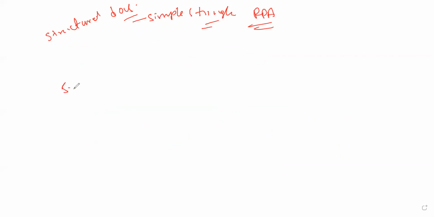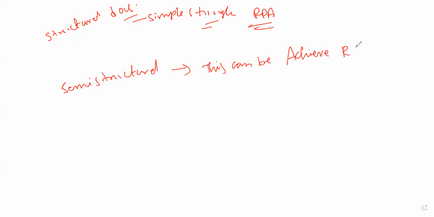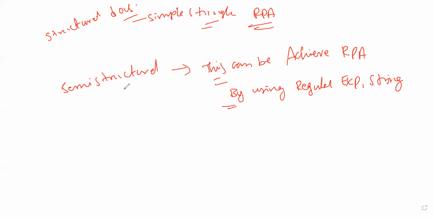Semi-structured can be achieved with RPA by using regular expressions and string manipulations. We can use these two to achieve this. But the challenge is when we are dealing with semi-structured: if we have 100 formats of data, then we need to create 100 different workflows.